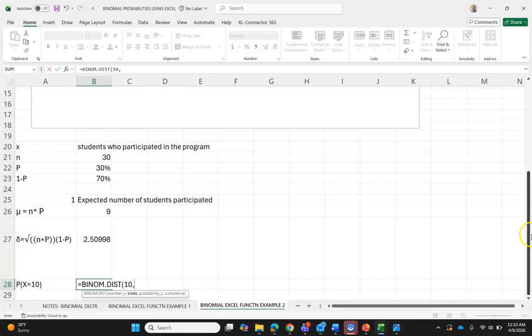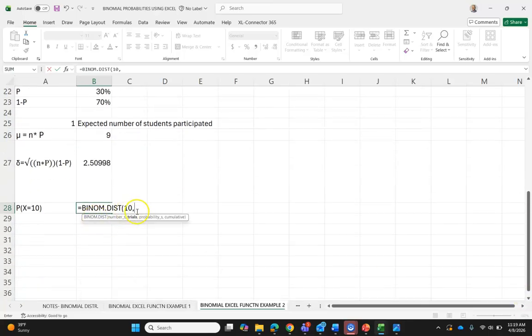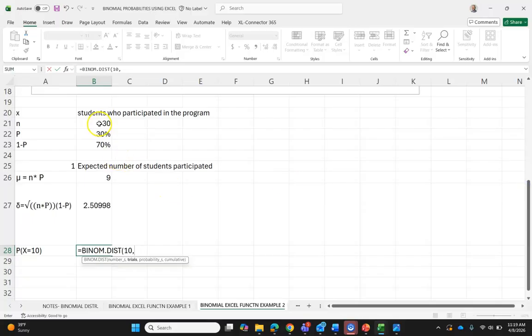The next thing is the number of trials, which we have here, which is 30. And then with the comma sign, what is the probability of success? It is 30%.